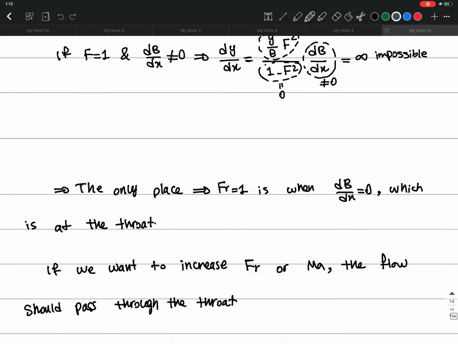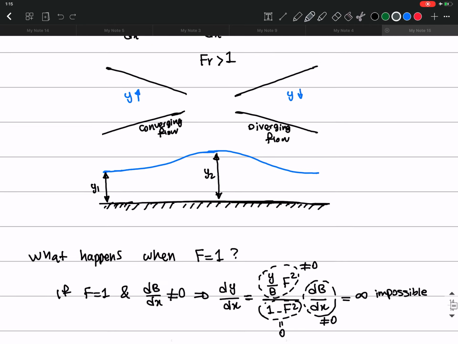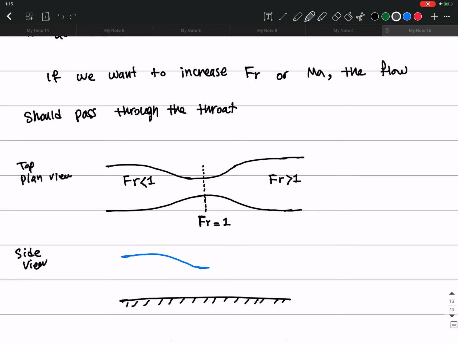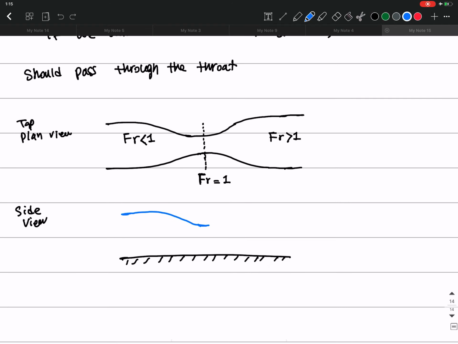But what after that? After that, the flow number is greater than 1. We have a converging flow, so the depth of the flow should still decrease. So we are going to have something like this now.